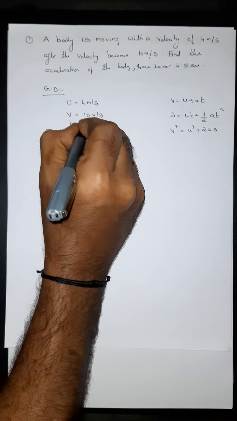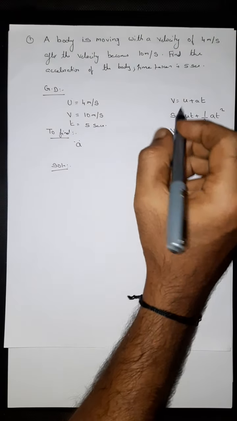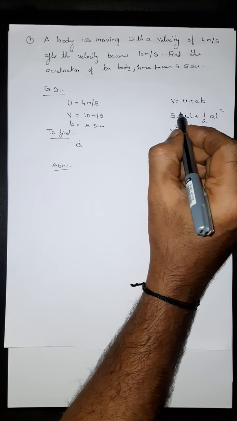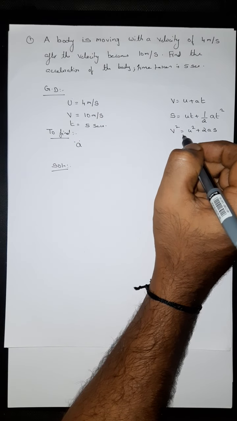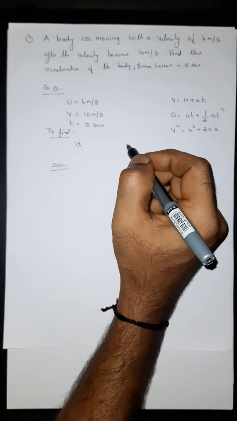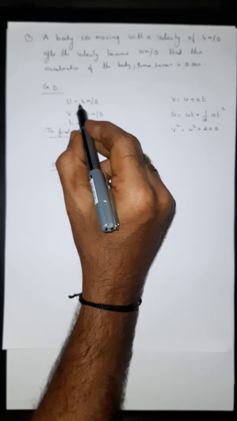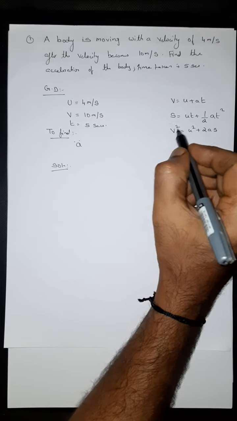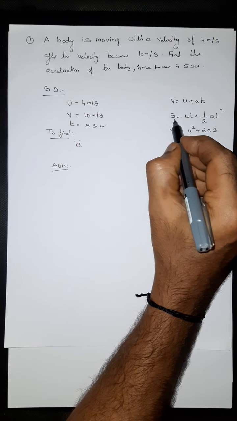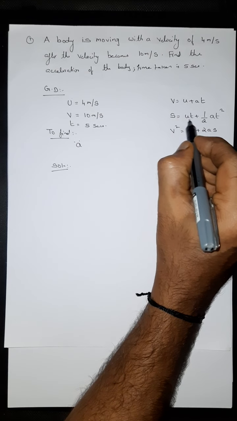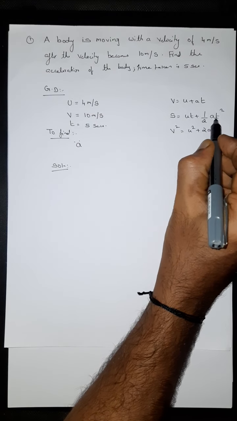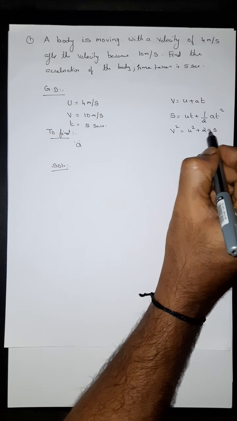So t is equal to 5 seconds. Which formula is suitable for this kind of problem? Look at here, only three inputs are there: u, v, t. If you want to use this formula, you need to know acceleration, time and u. As for this one, you need to know either of three: u, a and s.